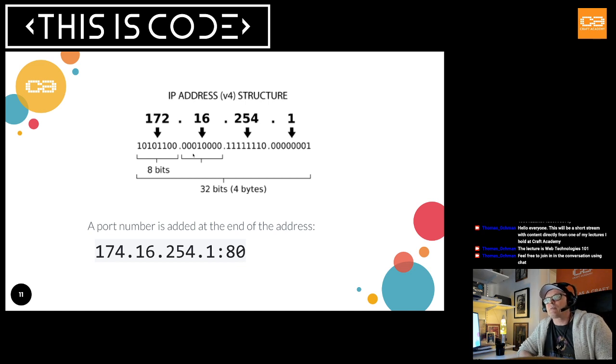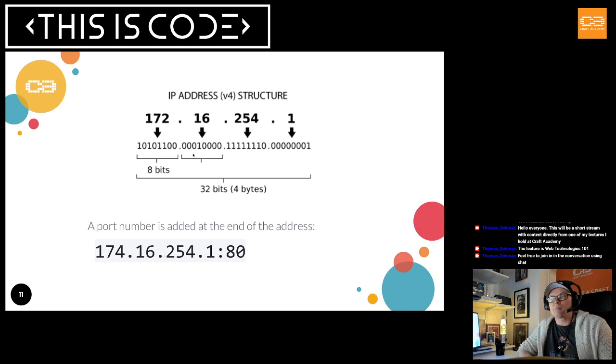So in this case, we have an IP address of 172.16.254.1, and every series of numbers like those 4 is represented by 8 bits, which makes the entire IP number 32 bits, 4 bytes.